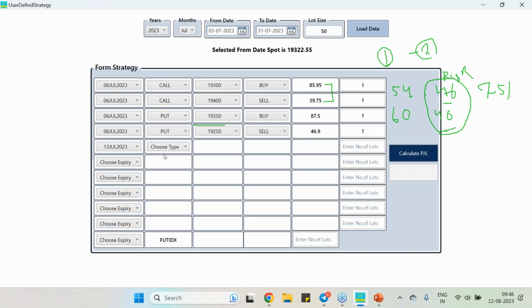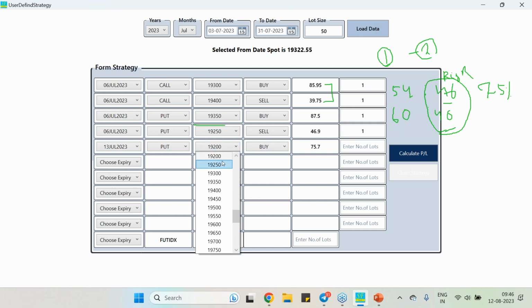So for that I am going for 13th July, and put options I have got 350, 250. So I will go for put options much less than 250. You can say 19,200 I can go, or I can go for 19,100, or even 19,000. So 19,000 put option I am selling here, one lot.